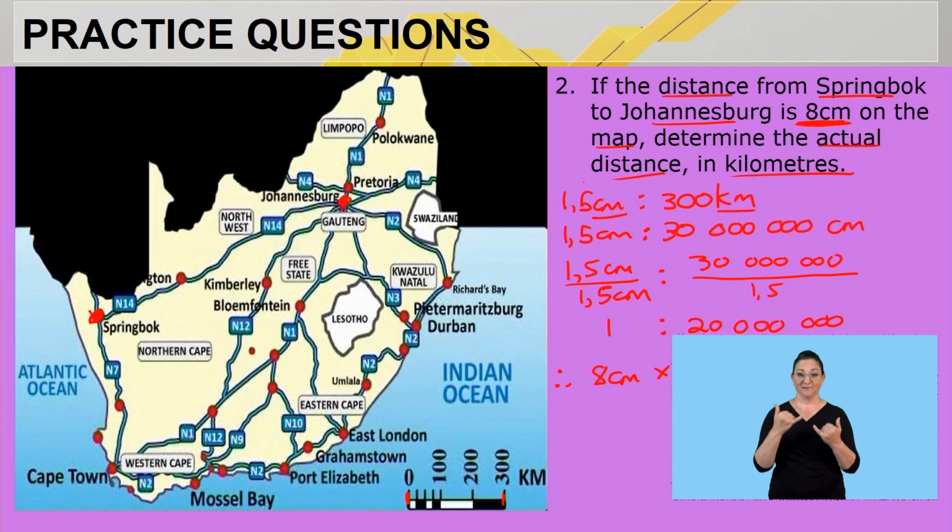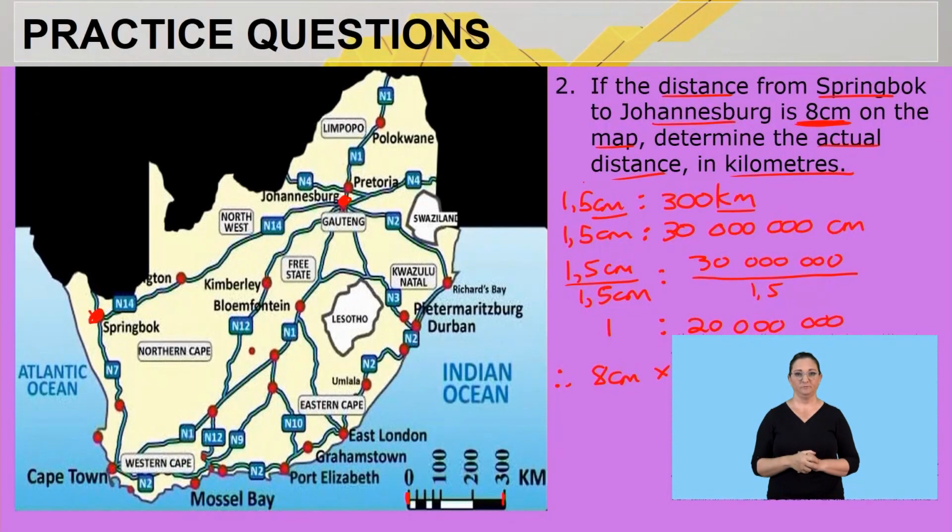Because now I'm converting from centimeters to kilometers. Remember, a minute or two ago, I said to you, 100,000 centimeters equals 1 kilometer. Just to repeat this step, I took the 8 centimeters, multiplied by my scale of 20 million. Remember, my answer is still in centimeters, so I divide it by 100,000 to take it to kilometers. Okay, so let's quickly type that in.